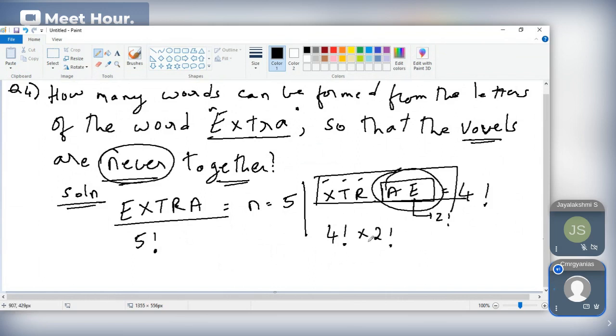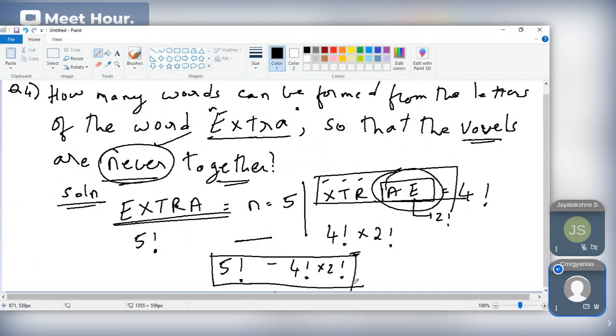So what is the answer for? So we have got 2. One without any condition it is 5 factorial. Another one with condition vowels together it is 4 factorial into 2 factorial. Now they are asking vowels never together. So that answer is nothing but very simple. Both you should minus, that's all. So it is 5 factorial minus 4 factorial into 2 factorial. This if you do, you will get vowels never together.